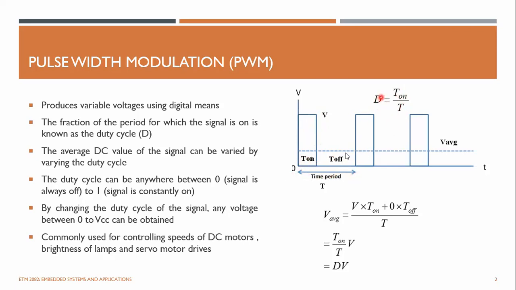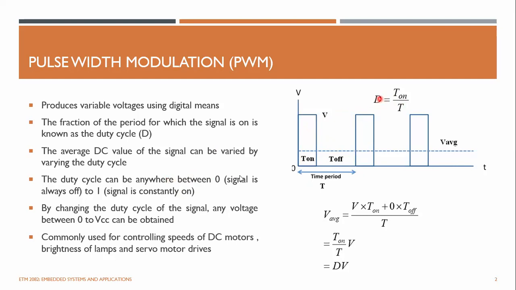D can be within the range of 0, which means there is no turn on period, so the signal is always 0. And if D is 1, it means the signal is fully turned on. So D can be any value between 0 and 1.